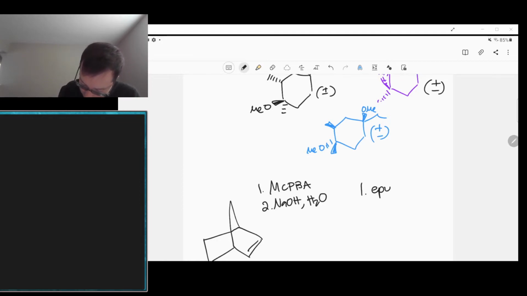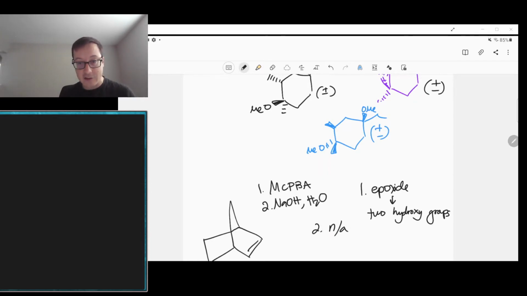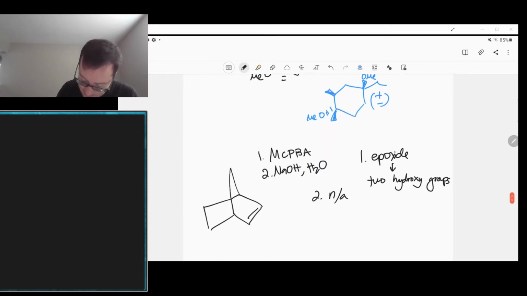They make an epoxide, which then breaks into two alcohols, two hydroxy groups, we'll say. Regiochemistry is not applicable because they both will get a hydroxy. And then this is an anti-hydroxylation, so our hydroxy groups will be anti to each other.